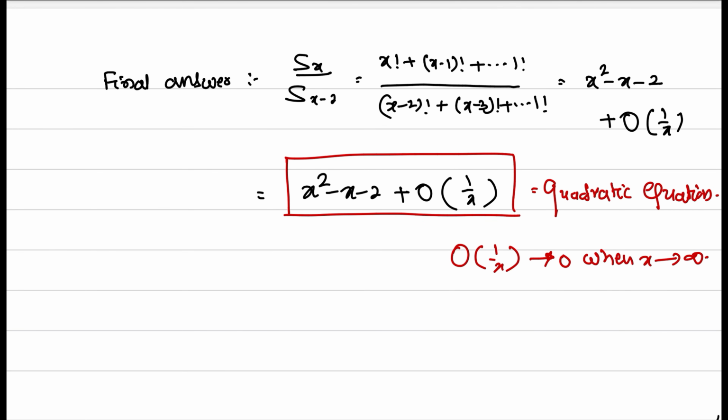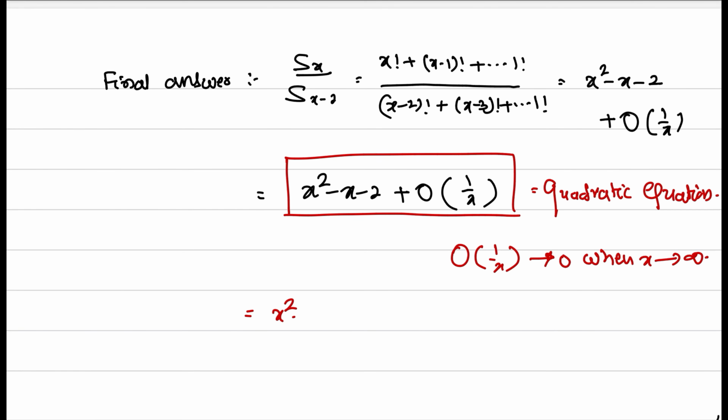Because it is a ratio of two functions of factorials, sums of factorials, which are distinct, we cannot get the integer values. We will get the value in the form of an equation, a quadratic equation, that is x square minus x minus 2.